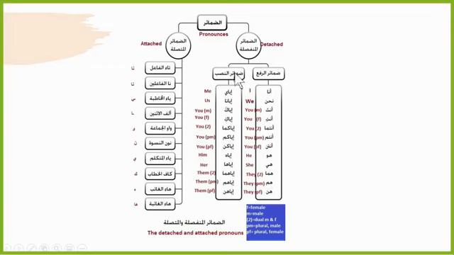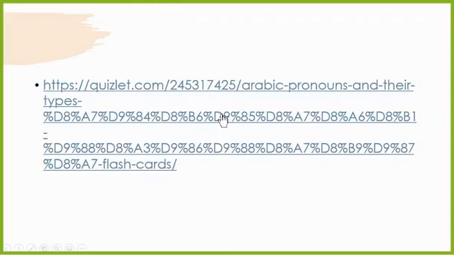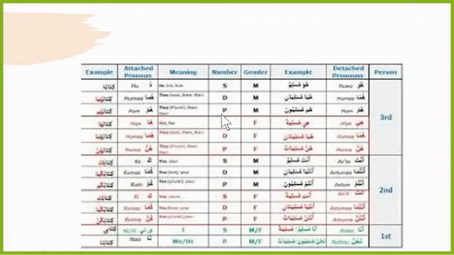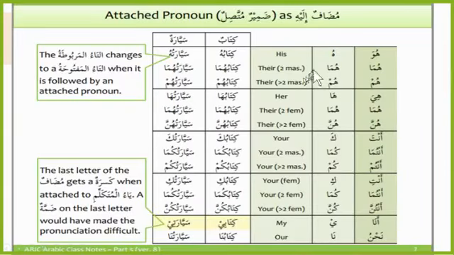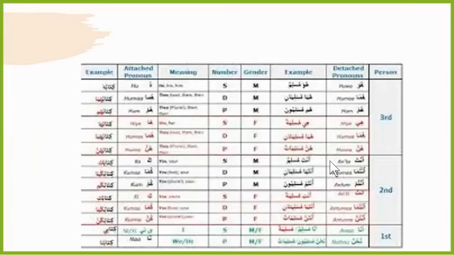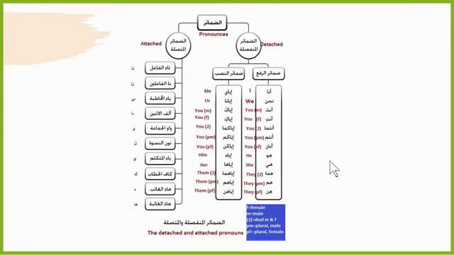And versus, it could be that we're talking about ourselves. إيايا, إيانا, إياك. What we're doing is really adding those pronouns at the end. إياي means myself. إيانا, ourselves.